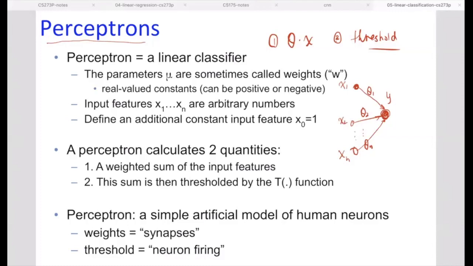They represent how strong those connections are. If theta 1 is strong positive, this connection will be so-called excitatory, so these neurons try to excite the activities of the Y neuron. If theta 2 is negative, this connection will be so-called inhibitory, and X2 tries to inhibit the activities of Y. So they have this kind of meaning drawn from biology.